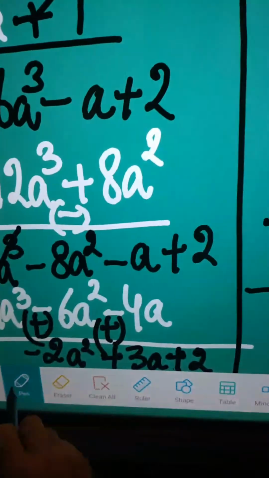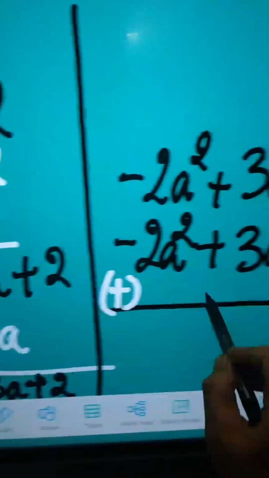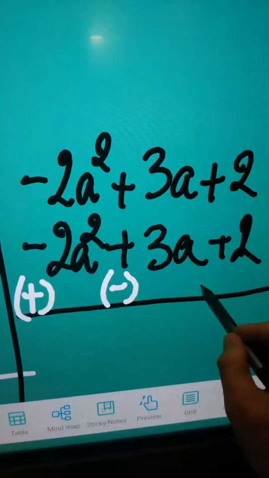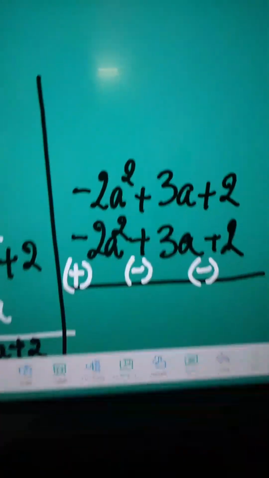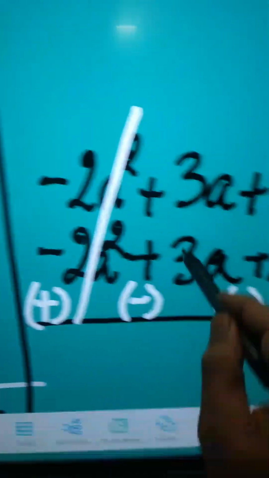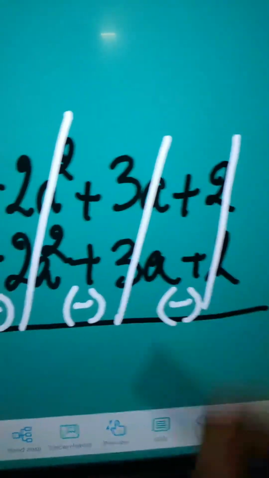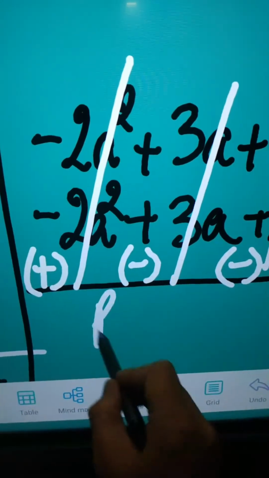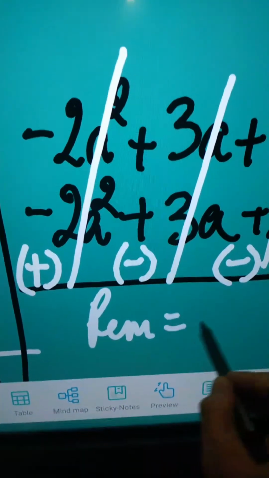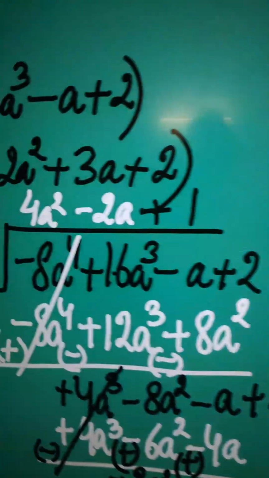Now I will subtract. When I subtract, it becomes plus. This becomes minus. This becomes minus. Now this will subtract, this will also subtract. It will give 0. 2 minus 2 will also give 0. So what is the remainder? Remainder is 0.